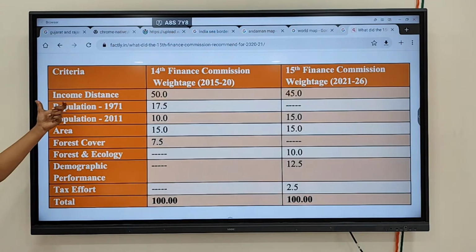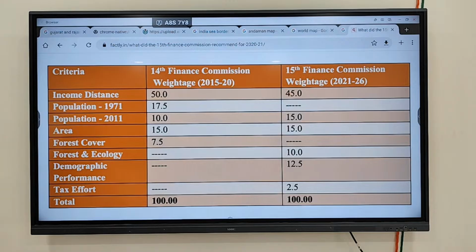Okay, first is income distance. Income distance means whatever the GSDP each particular state will be having. What is GDP? The total national income. The same way the state will also have the state income.